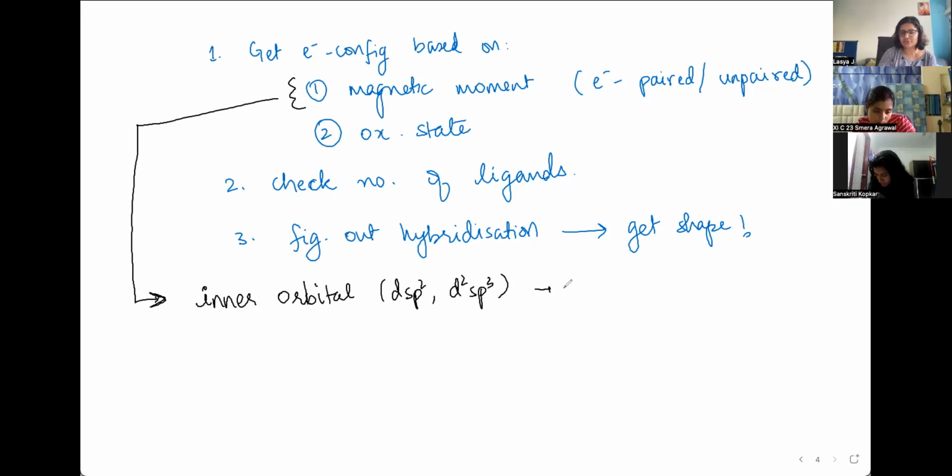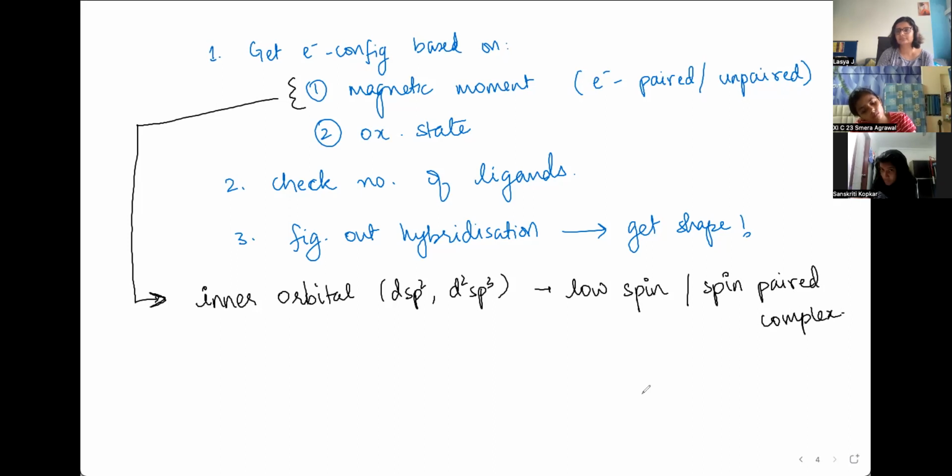These are also called low spin complexes or spin paired complexes. Makes sense, right? Because all the electrons are paired, the number of unpaired electrons is lesser in this situation.